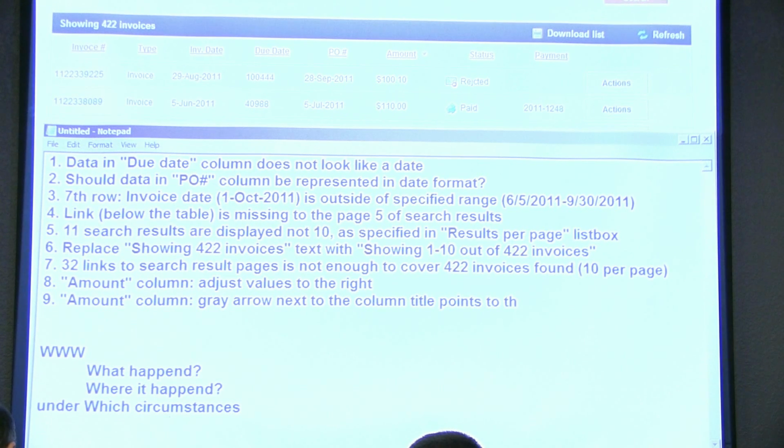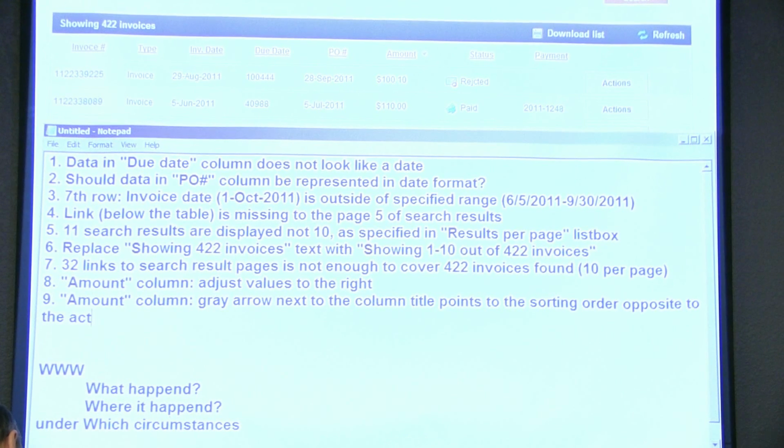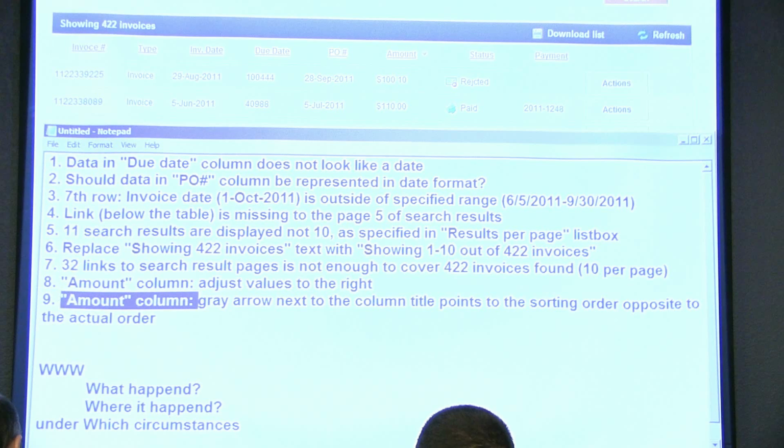Okay, points to the sorting order opposite to the actual order. Gray arrow next to the column title. I don't even have to say amount column.